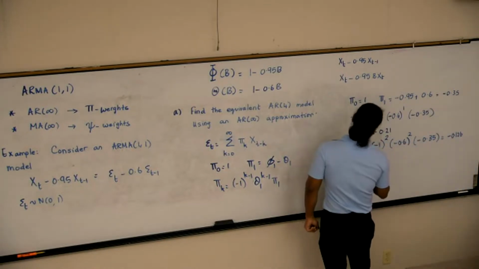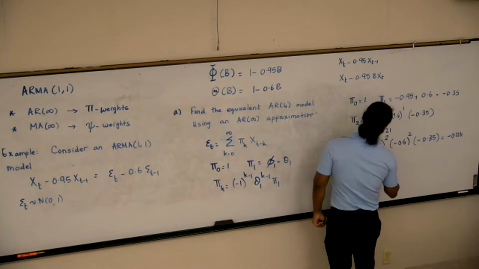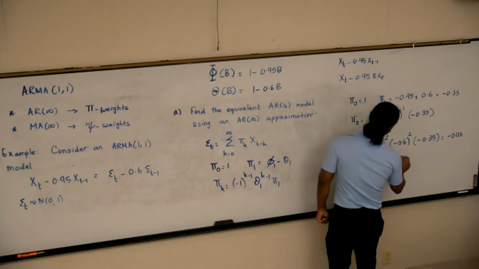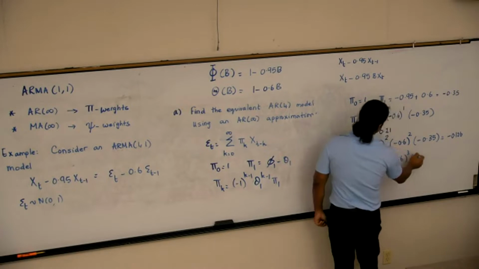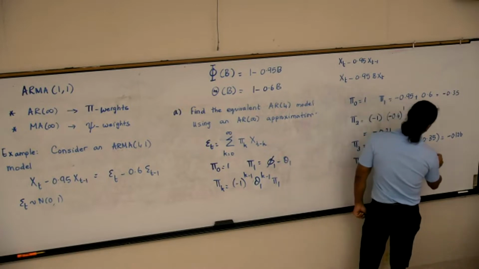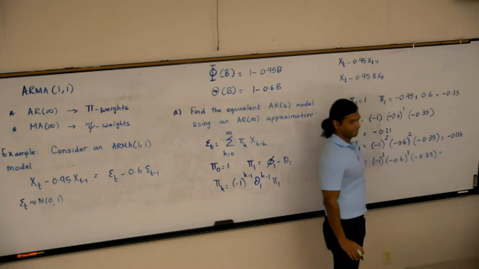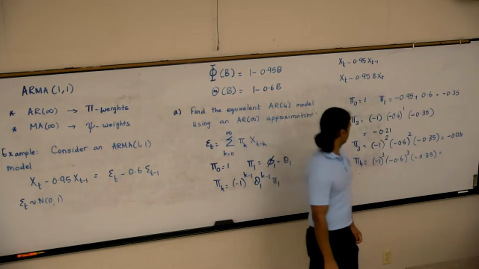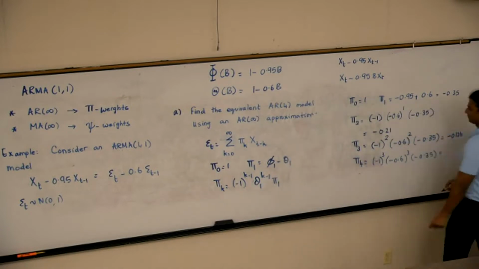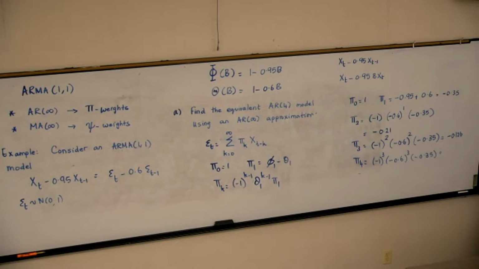Pi 4 would be negative 1 raised 3, negative 0.6 raised 3, negative 0.35. What do we get? Negative 0.0756. Good.